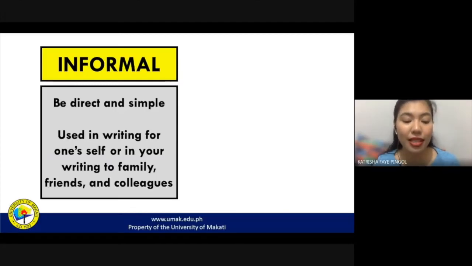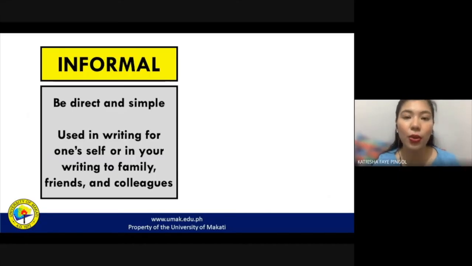This type of language is used when we want to relay information or ideas to people we share an intimate or close relationship with. Meaning, the relationship with those who will be reading the text is already established.